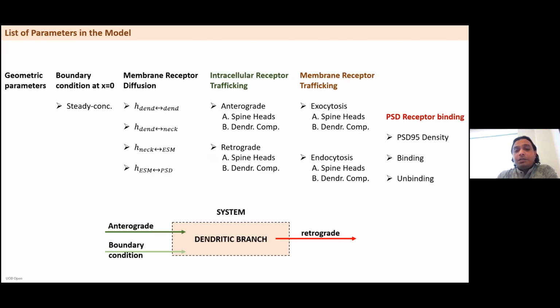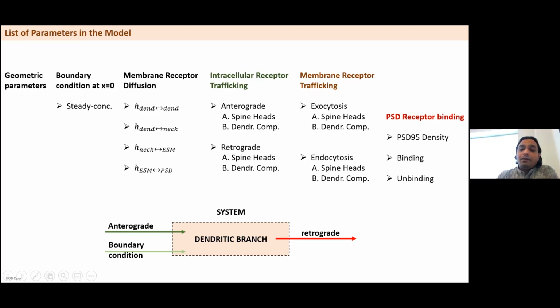And then we have intracellular receptor trafficking parameters, where we have anterograde and retrograde parameters for all the spine heads and dendritic compartments. We also have membrane receptor trafficking parameters, where we have parameters for exocytosis and endocytosis for all the spine head and dendritic compartments.